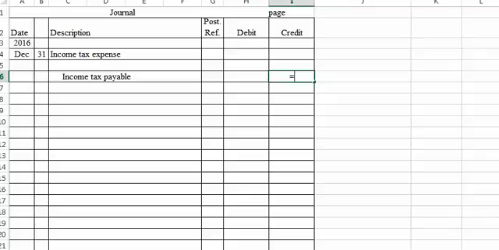You guys, we don't even have to do that here. They tell you income tax payable is $950,000. So they give us this amount. Okay. What we're going to have to do, though, is figure out what our book income number is.